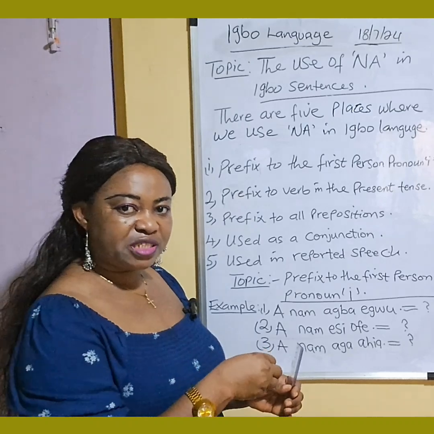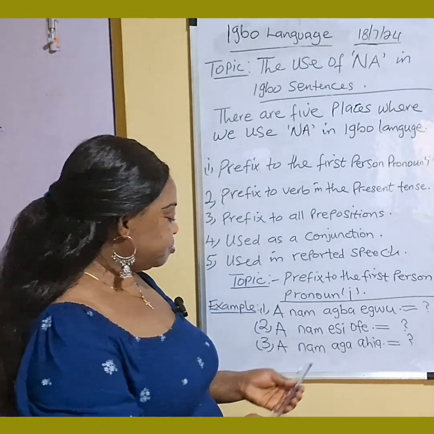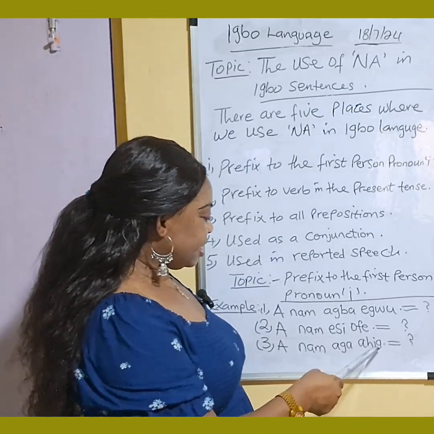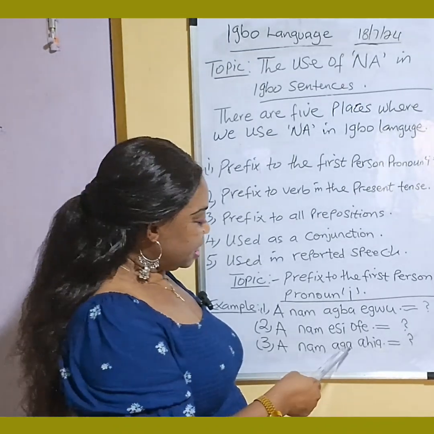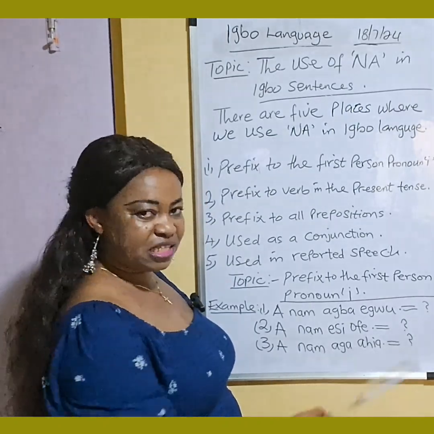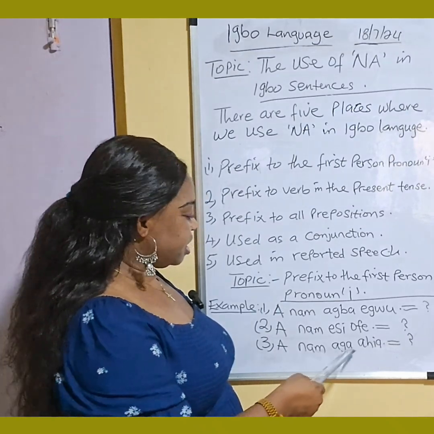The na will come first and attach itself to the pronoun. Number 3 example: anam aga ahia. You cannot say aga ahia. It doesn't make sense. But anam aga ahia.